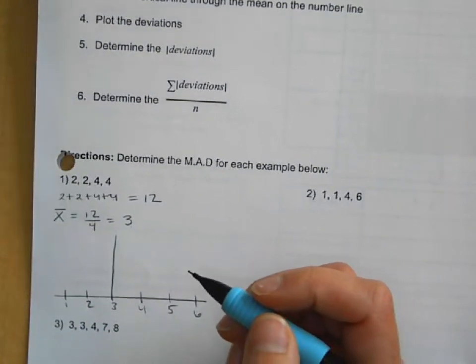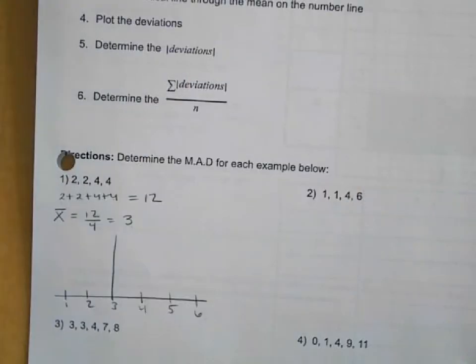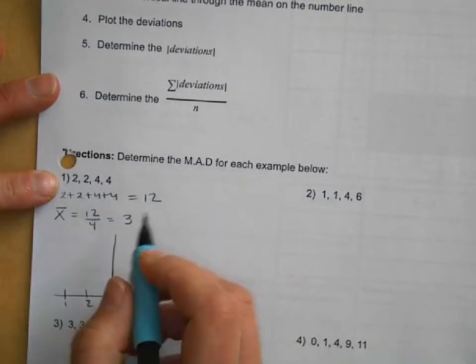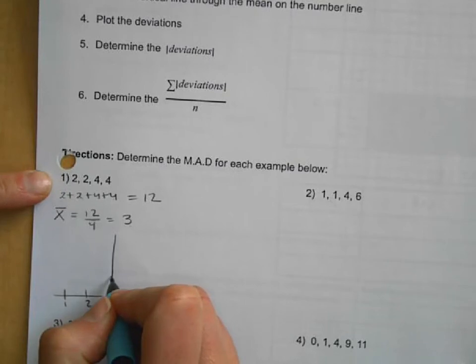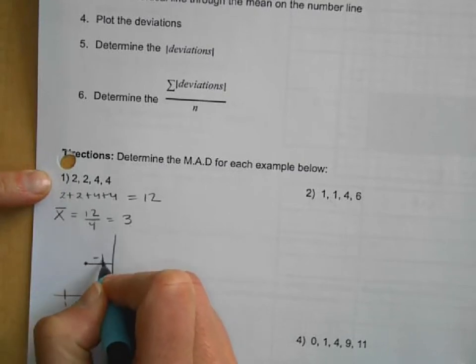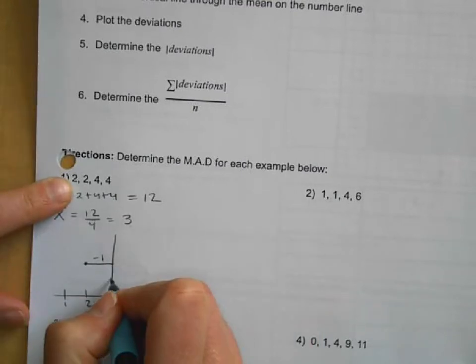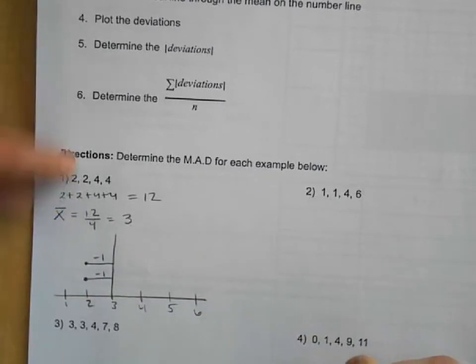And now we see that our next step is to plot the deviations. What we mean by that: if we look at our 2, we're going to go from the mean. Our first point was -1. We're 1 less than our mean. Our second one, we are also 1 less than our mean.